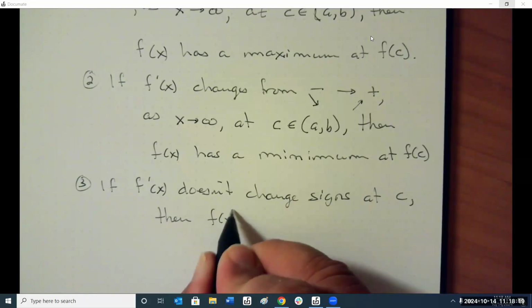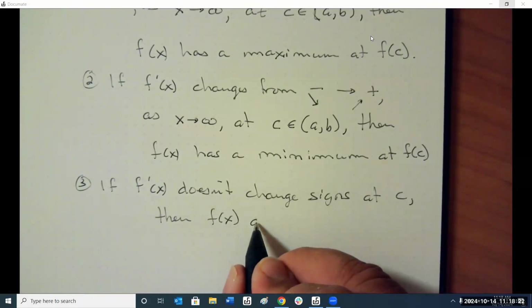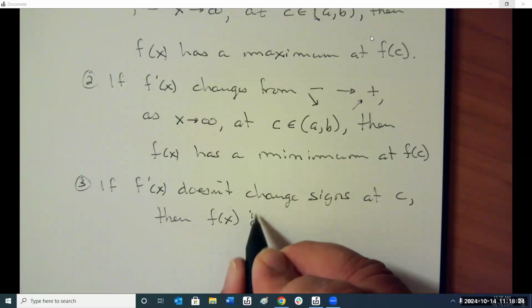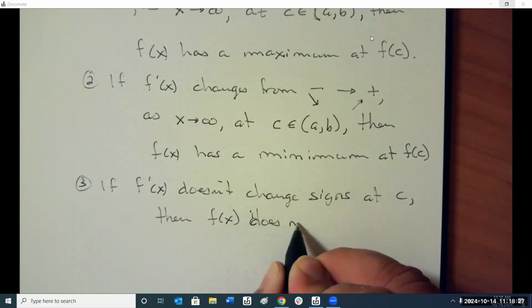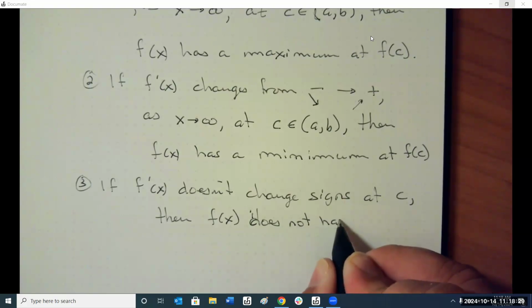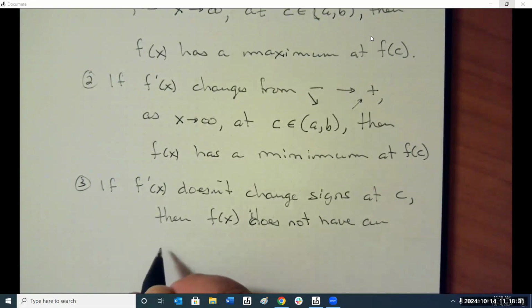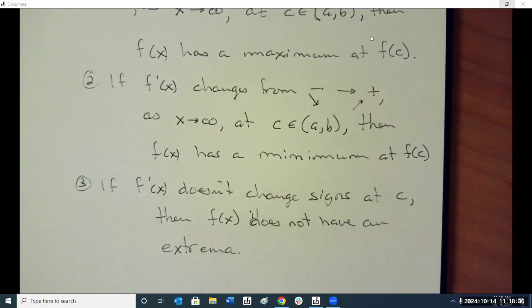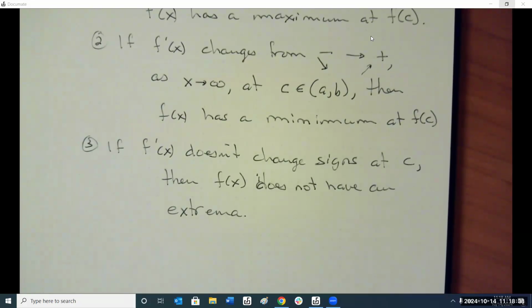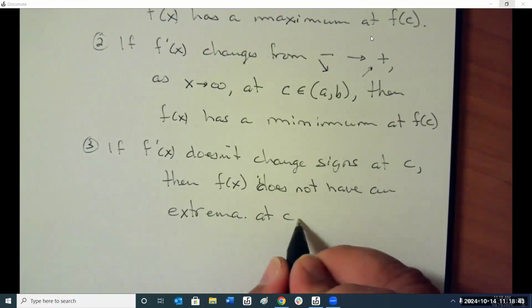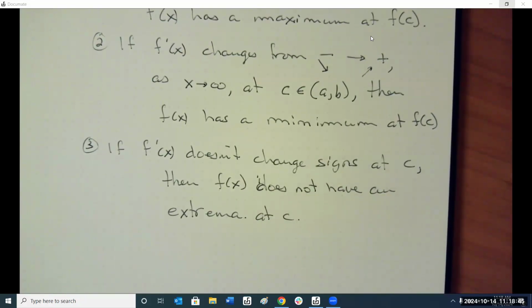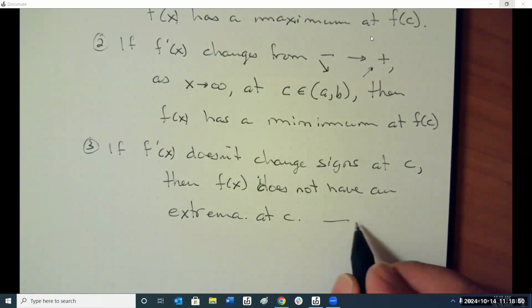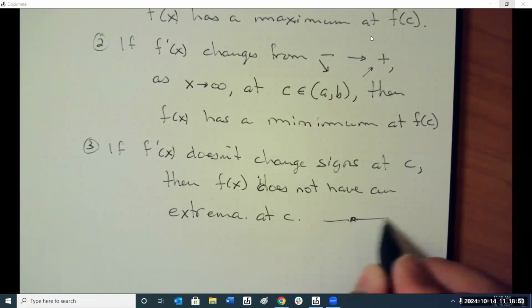Then the function does not have an extreme at that point. Or it's horizontal at both sides. Here's c, and there's c.